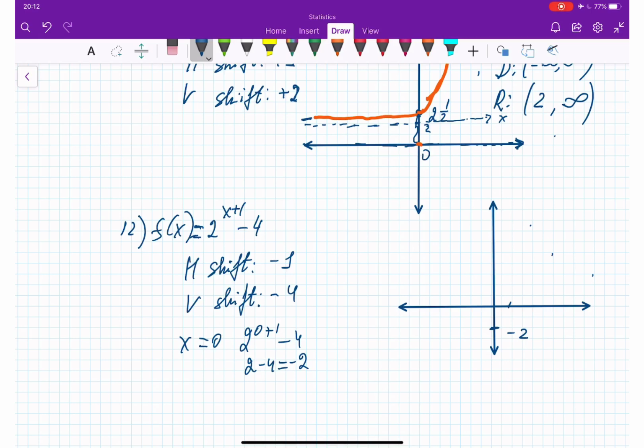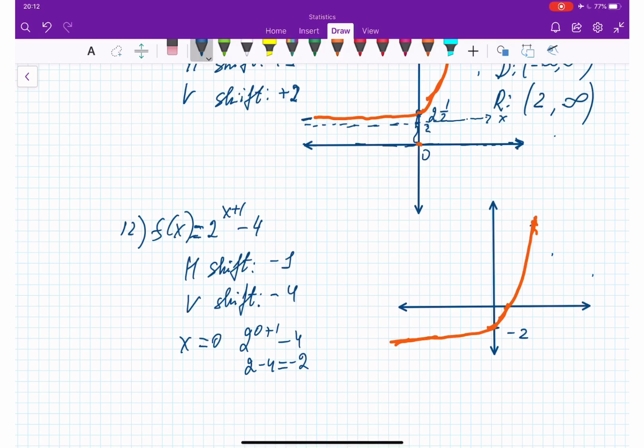And I'm just going to show you how it's going to look. Something like that. Okay, this is how your graph is gonna look.